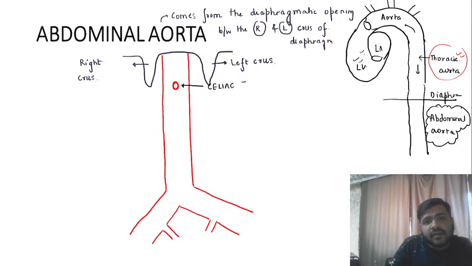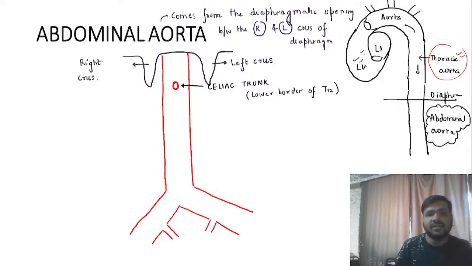Try to draw the diagram with me because it will be very helpful in understanding the pictures from the atlas as well. Now the celiac trunk basically arises from the lower border of T12, the thoracic 12 vertebra.